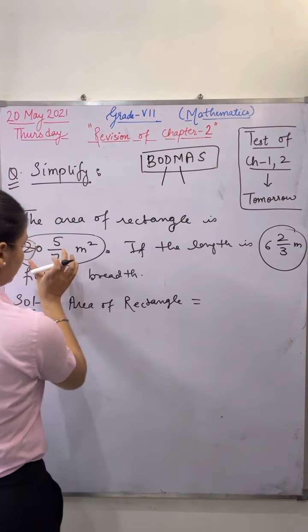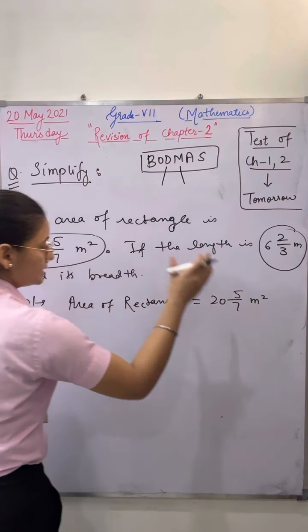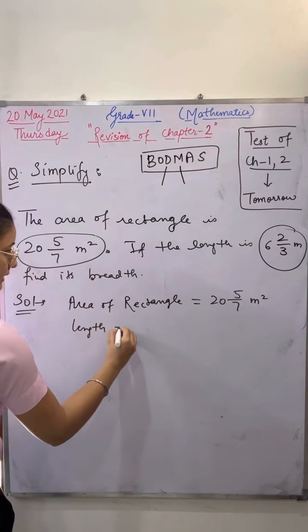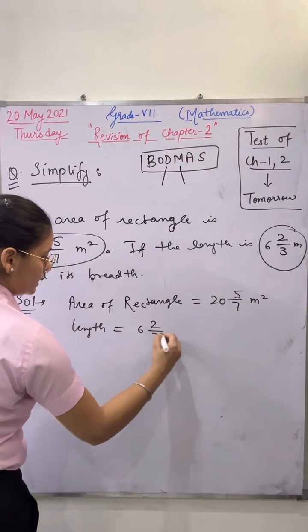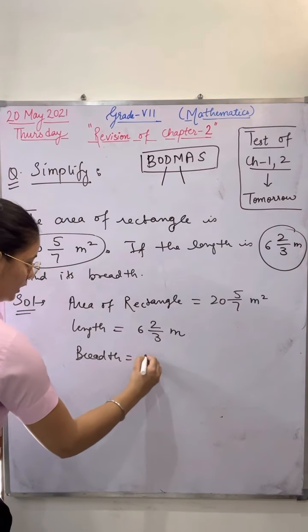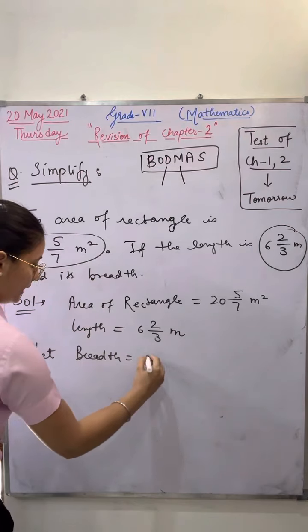First of all, what is given to you? Write in this way, 25 by 7 meter square, because this is a word problem. Then what is given to you? Length is given, that is 6 by 3 meter. And breadth you have to find out. So you can suppose here, let the breadth be x.